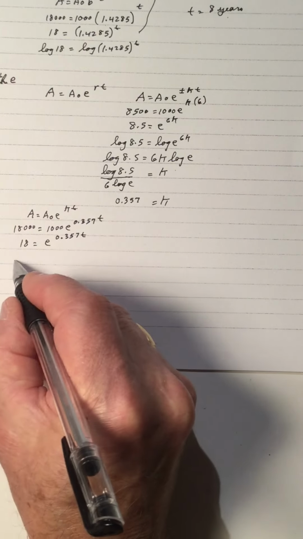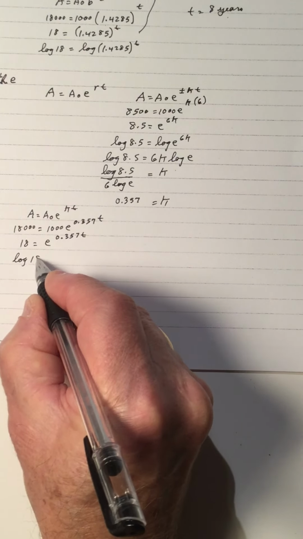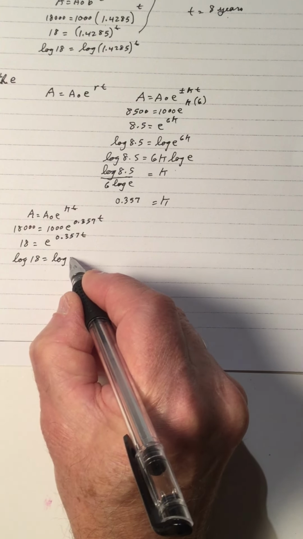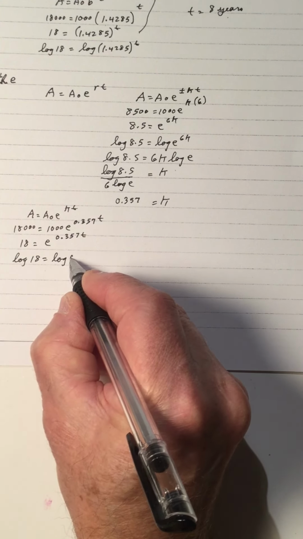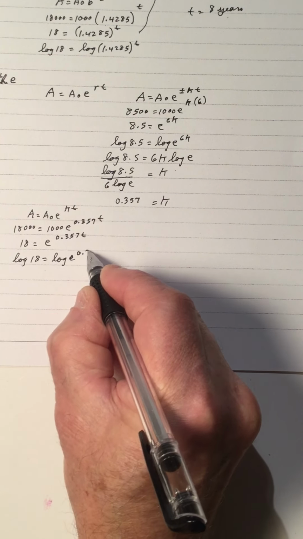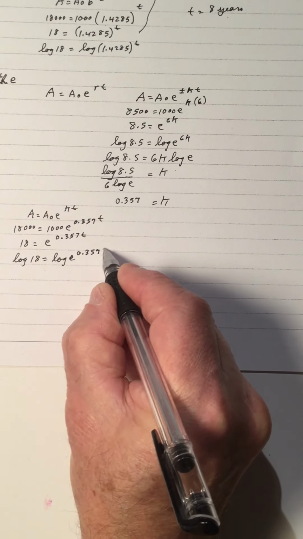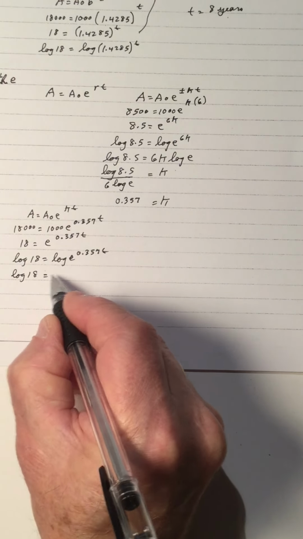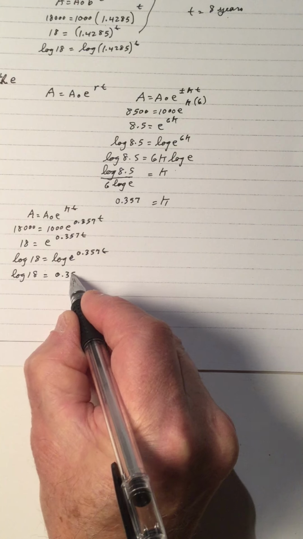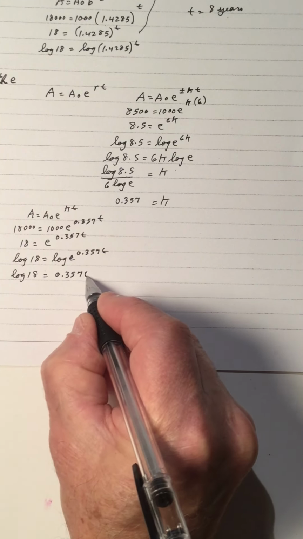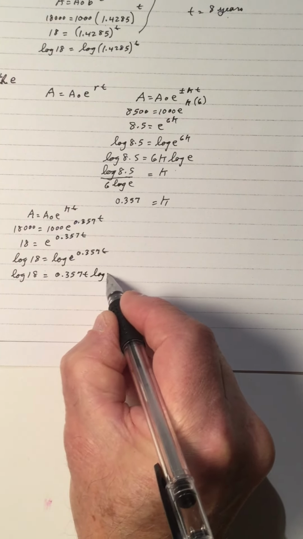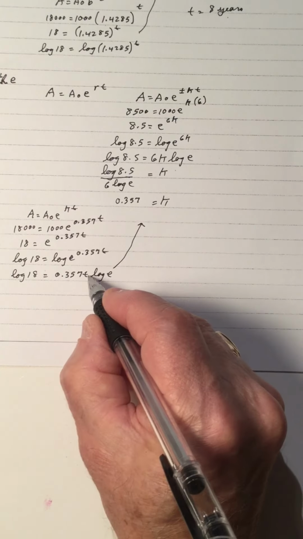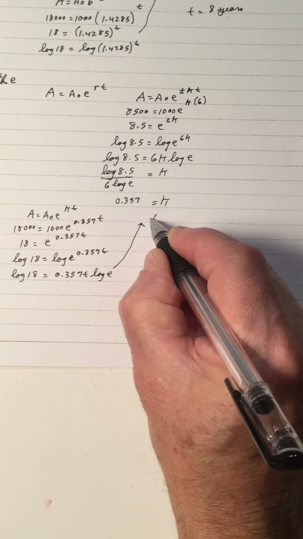Again, T is in the exponent, so we have to do the log of each side. Log E to the 0.357T, and by the power rule, the 0.357T goes in front of the log E.